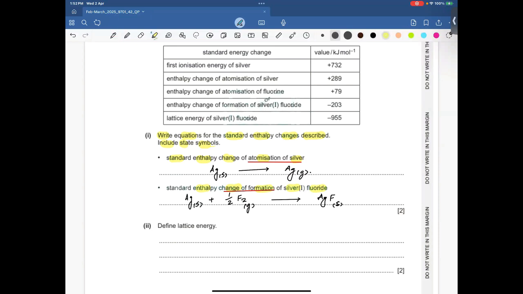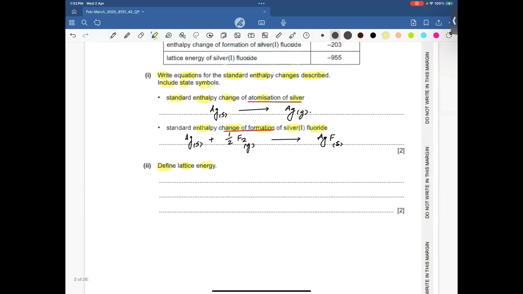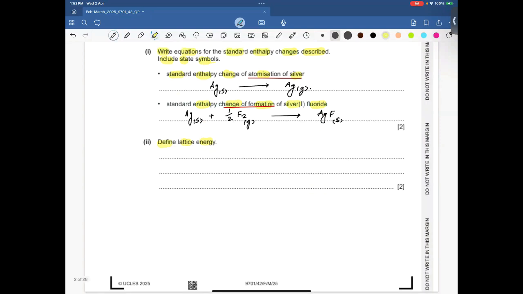Now the next part is define lattice energy. So lattice energy is easy.